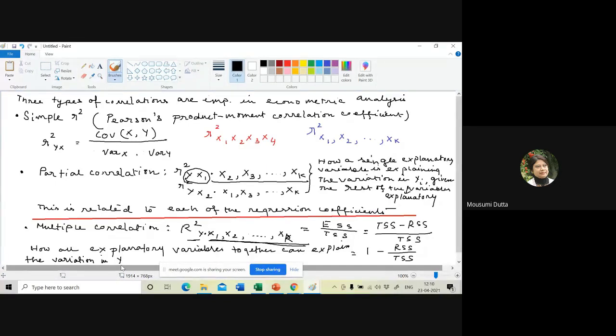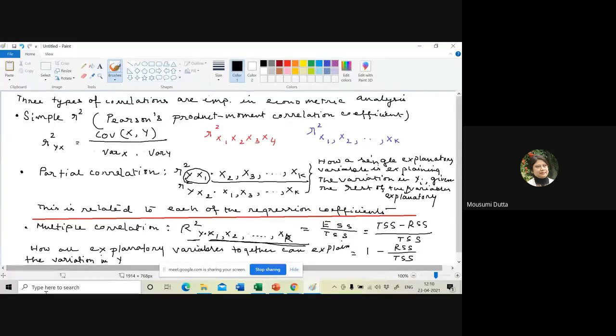So the R square definition indicates that the larger the number of explanatory variables, the better the measure of goodness of fit. If you consider so many explanatory variables, you will be able to capture almost the entire variation in yi, and your goodness of fit will improve. This is the idea.